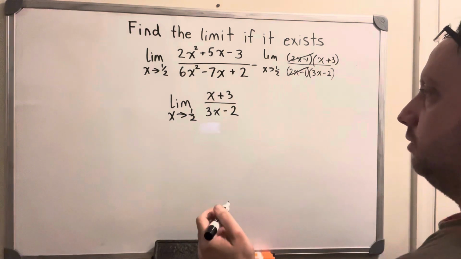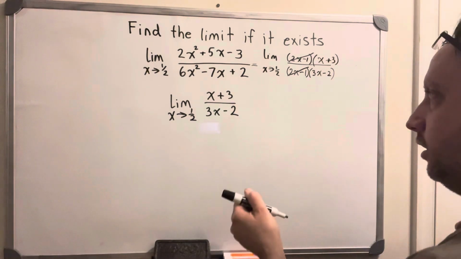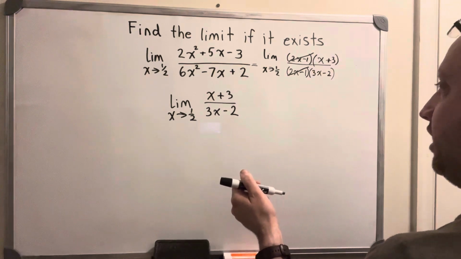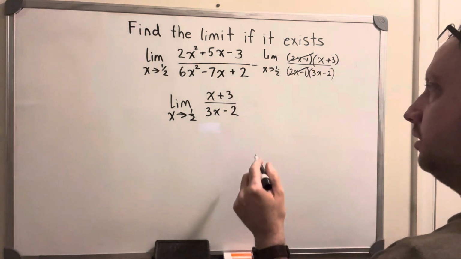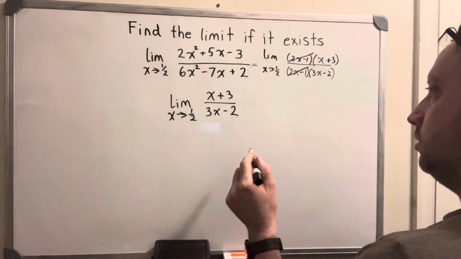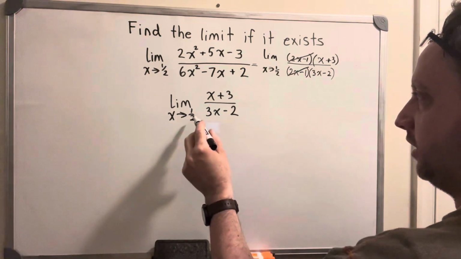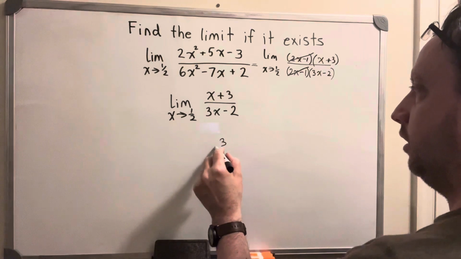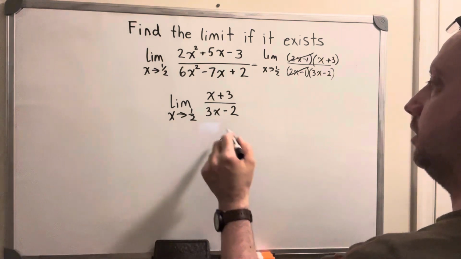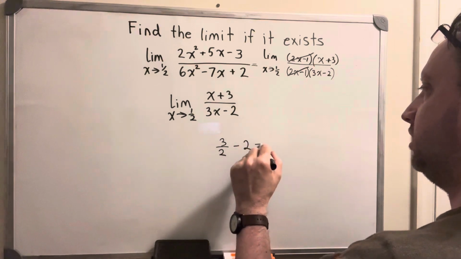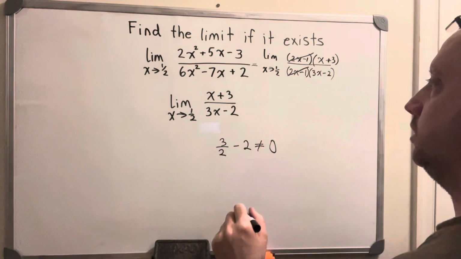And now, to be able to use the quotient theorem of limits, is this denominator equal to 0 when x equals 1/2? 3 halves minus 2 is not equal to 0.